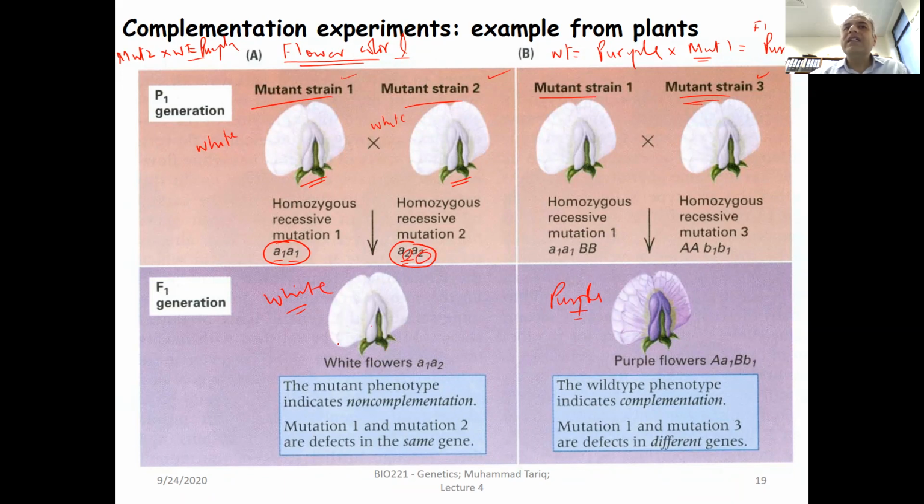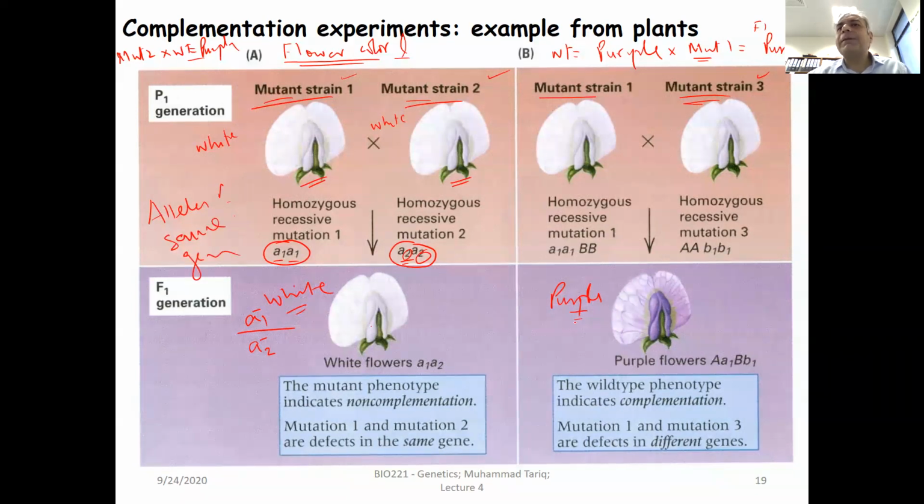That's why in the F1 it is A minus, and it is also A minus, although this is allele 2, this is allele 1. So we will say A1 and A2, so mutant 1 and mutant 2, they are alleles of the same gene, or these mutations are allelic.